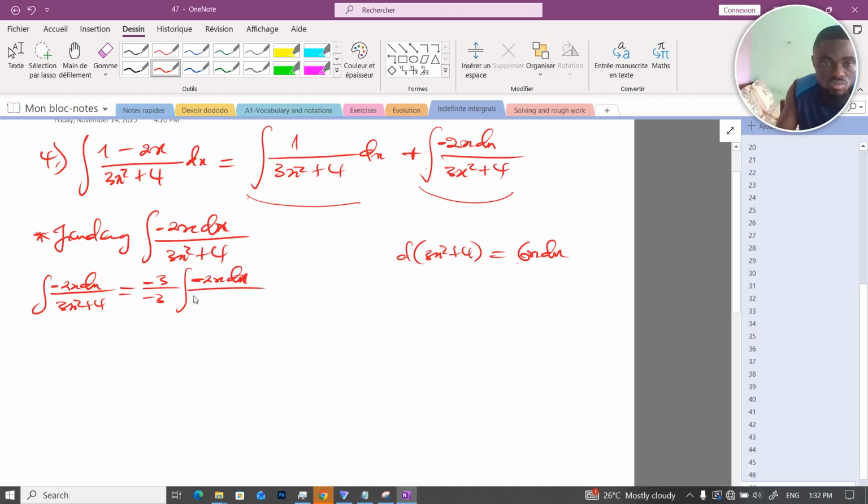So be very careful. I don't want to see things where you multiply top and bottom by minus x. You don't have the right to do that. Only real numbers. All over 3x squared plus 4.